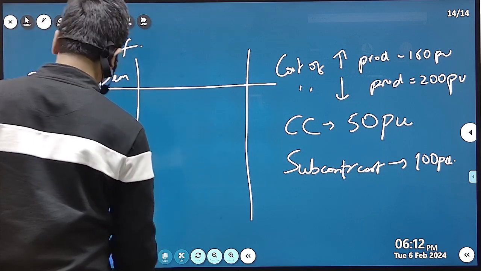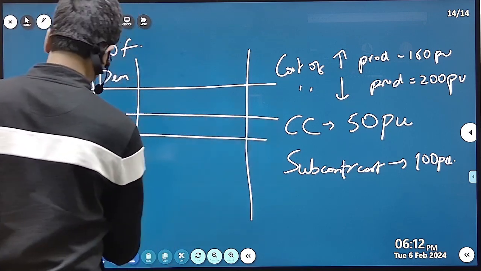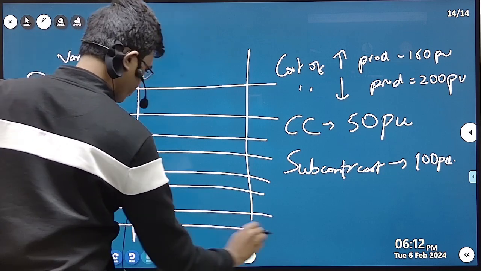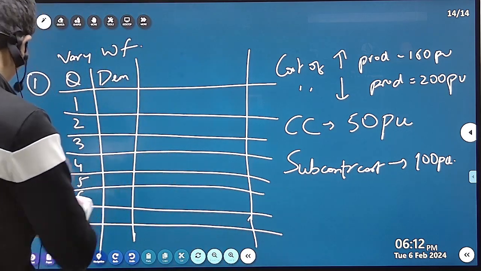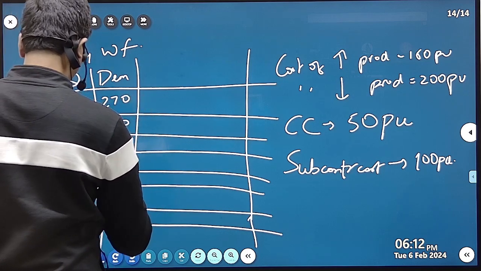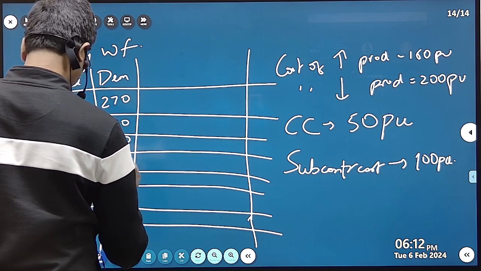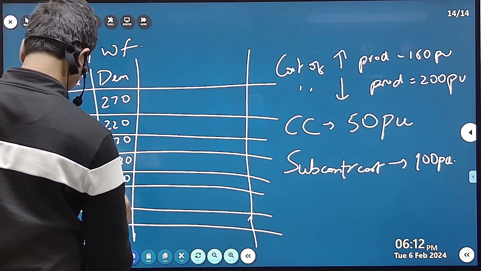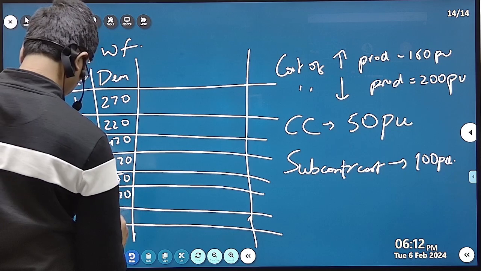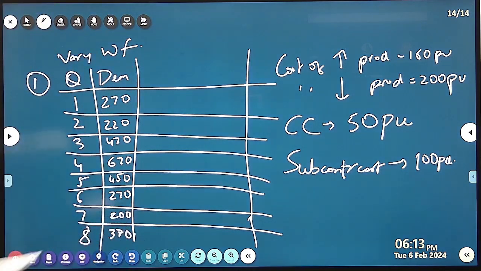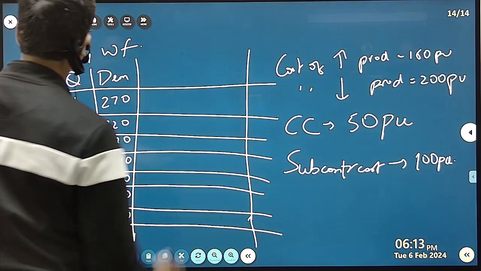Now it is 270, 220, 470, 670, 450, 270, 200, and 370. Okay. So let us calculate what is the cost if we follow this strategy.